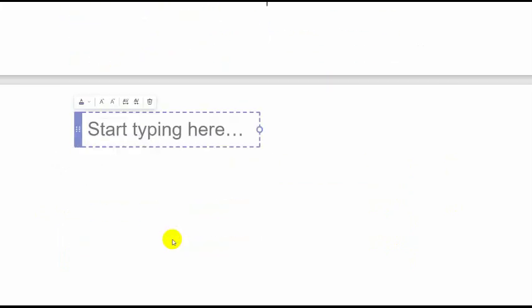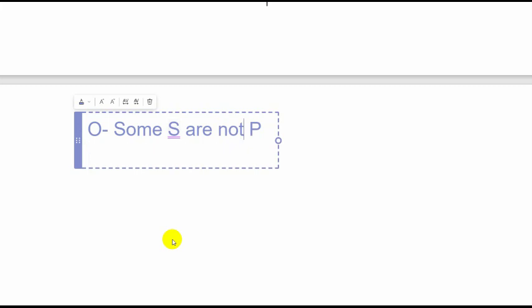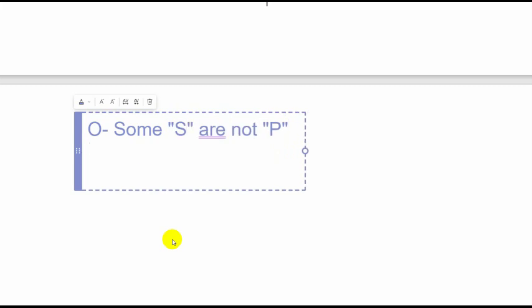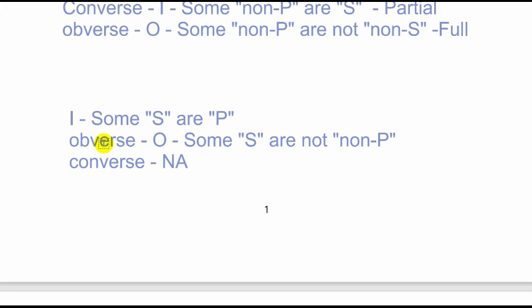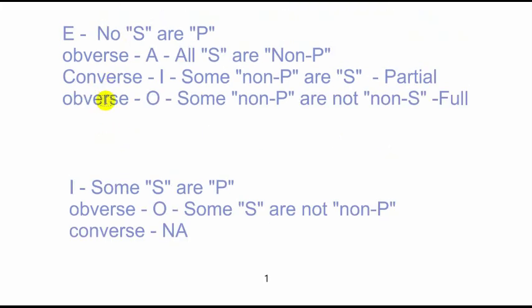Next, let's look at the O proposition. O proposition states some S are not P. Let me put it in double quotes. S stands for subject, P stands for predicate. So some S are not P. Now first we do what? We do obverse, then converse, then obverse.